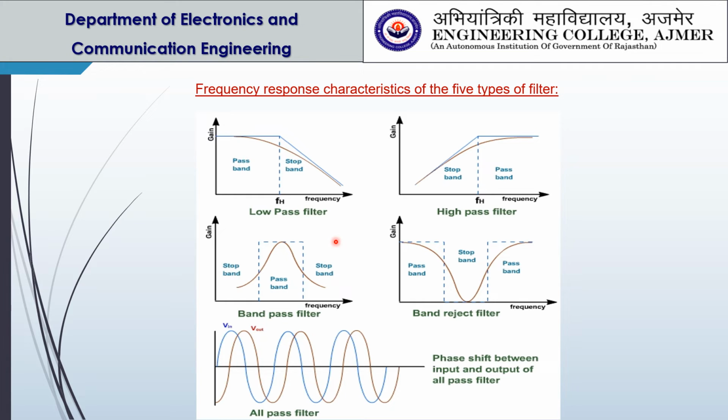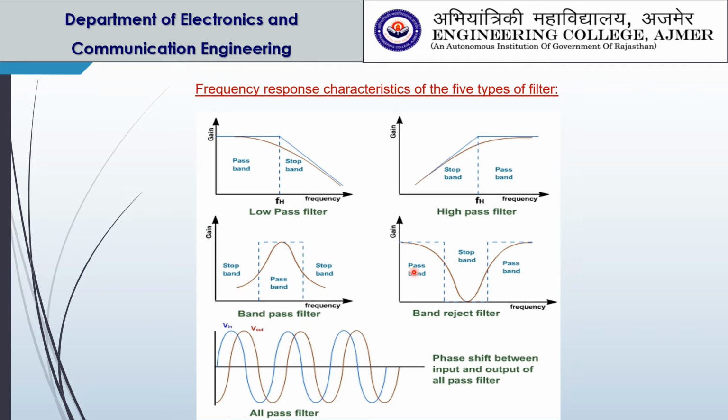And similarly, a band pass filter passes a range of frequency and stops beyond this range. So its bandwidth is given by fH minus fL. There are two stop bands and one pass band. And if it's vice versa, then this is known as band reject filter. It stops a particular range of frequency and passes other frequencies.